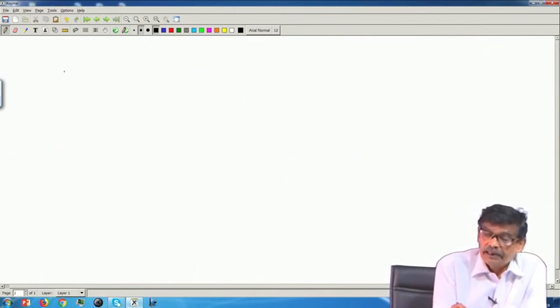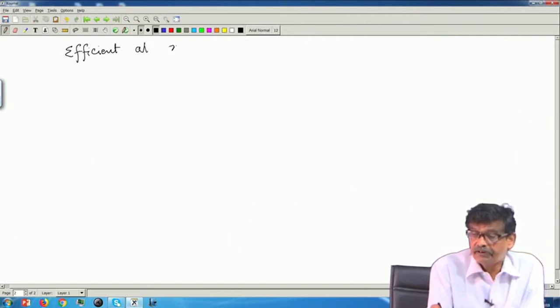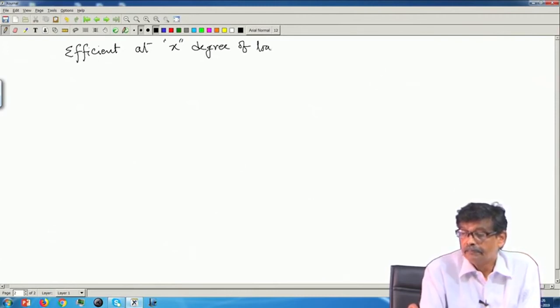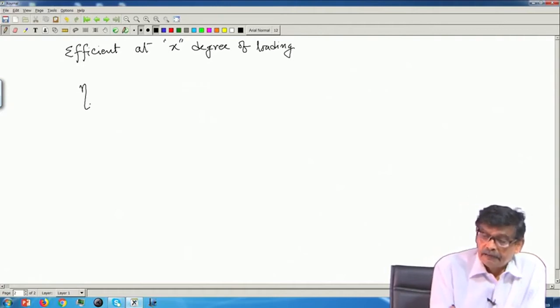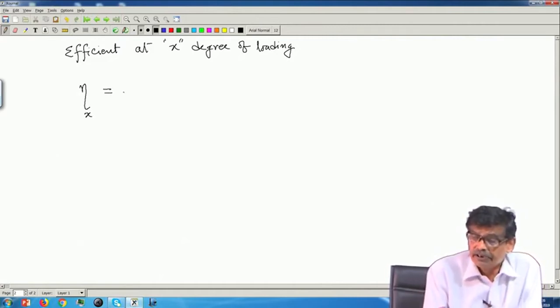Then efficiency at x degree of loading, denoted with the suffix x, will be equal to output kilowatt by input kilowatt.